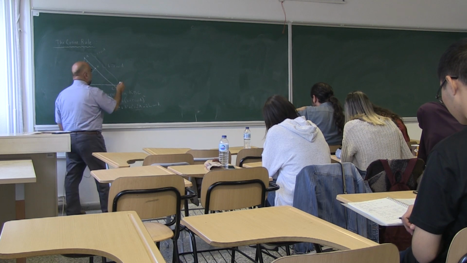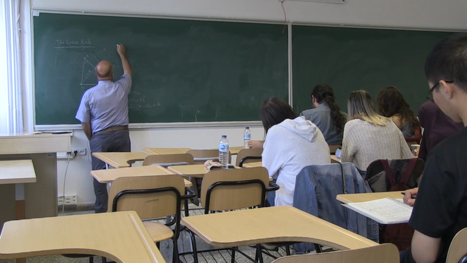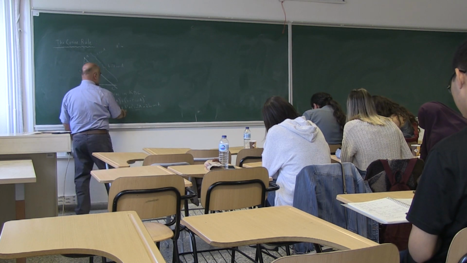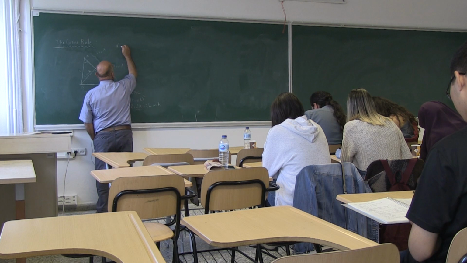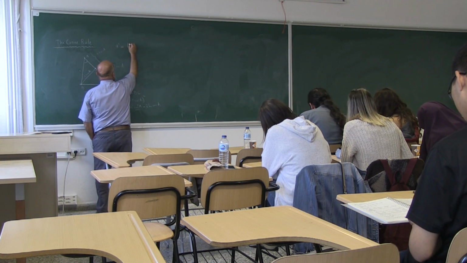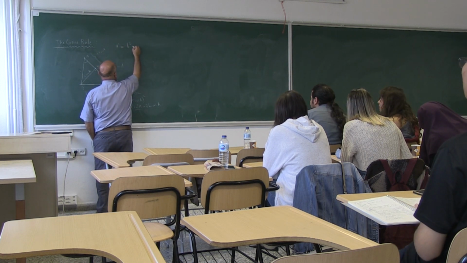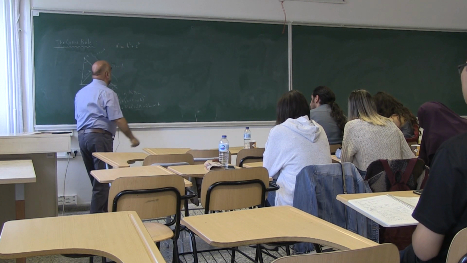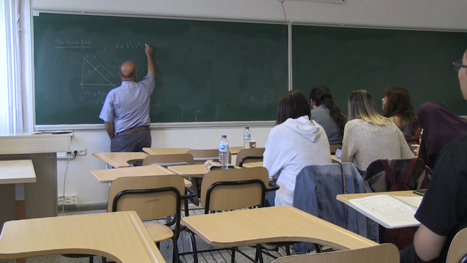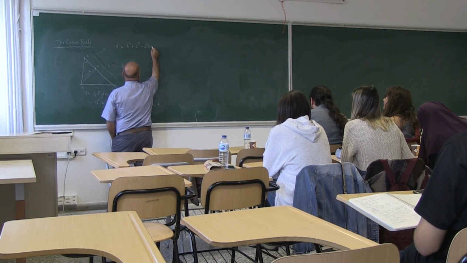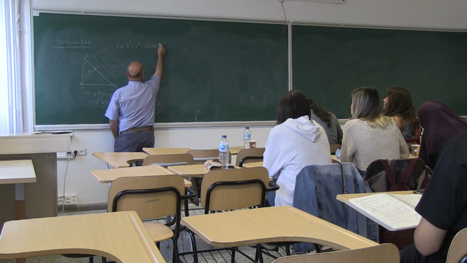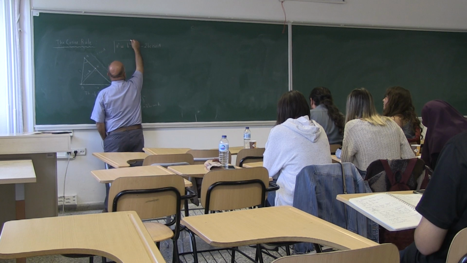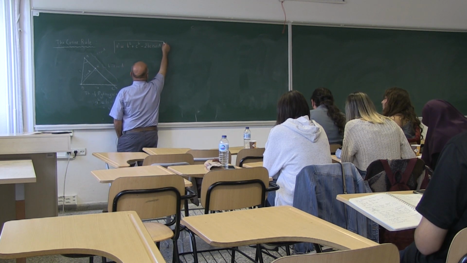So you end up with the following equation: a squared is b squared plus c squared, which would have been the theorem of Pythagoras in a triangle where the angle A is a right angle, but in general you have this correcting term. That equation with the correcting term is called the cosine rule in a triangle.